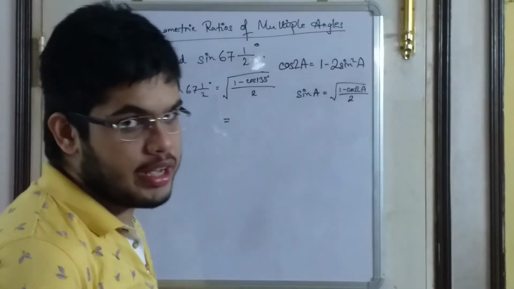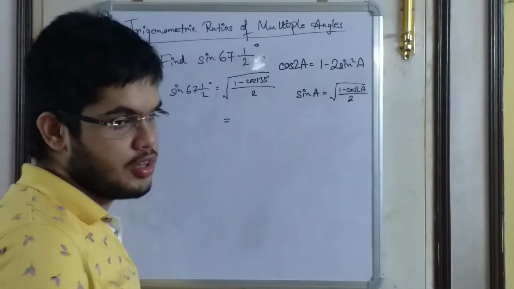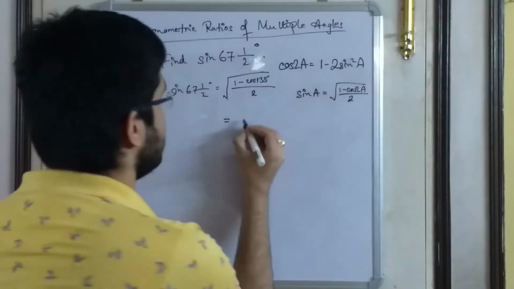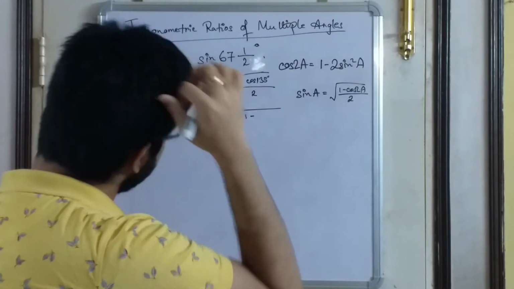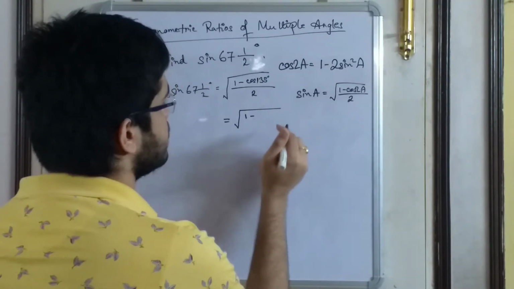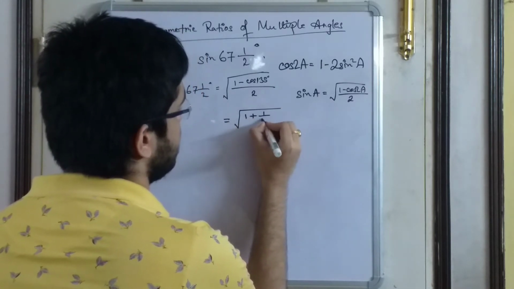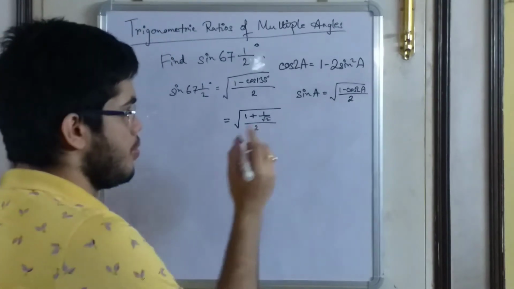Cos 135 degree, I hope you all know, it will be cos of pi minus pi by 4. So it will be negative, so root over 1 plus 1 by root 2 by 2.